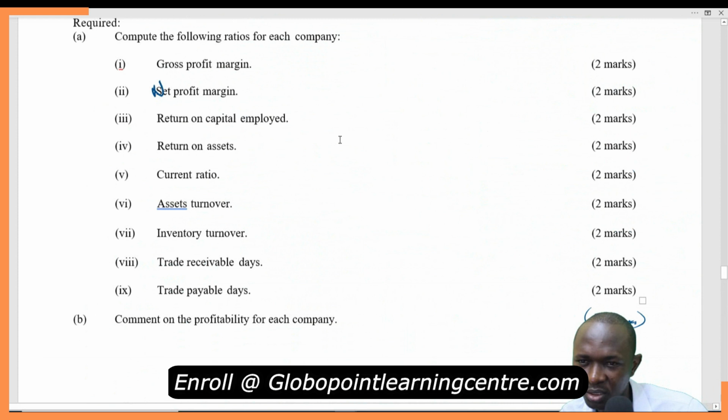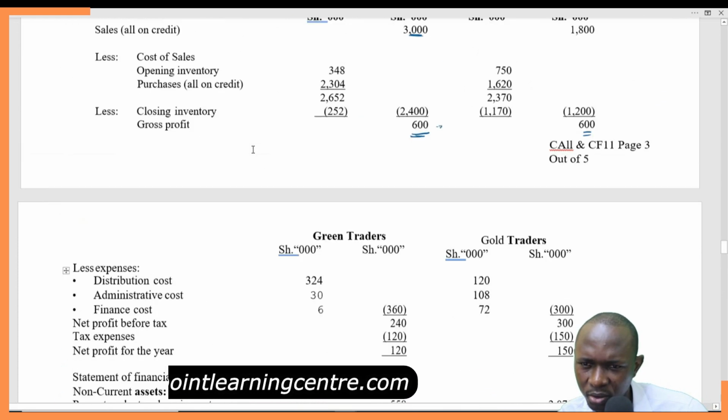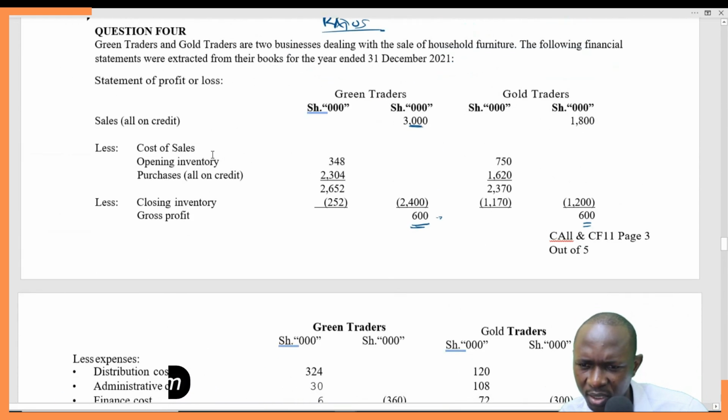So cost of sales, let's go back here. Cost of sales is opening stock plus purchases minus closing stock.